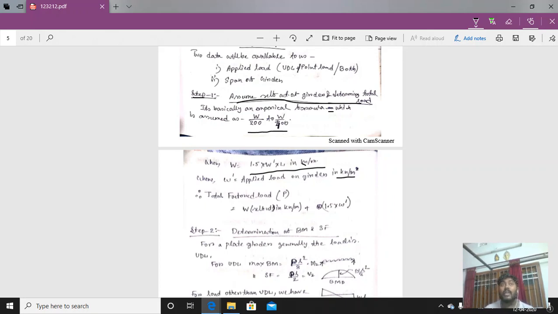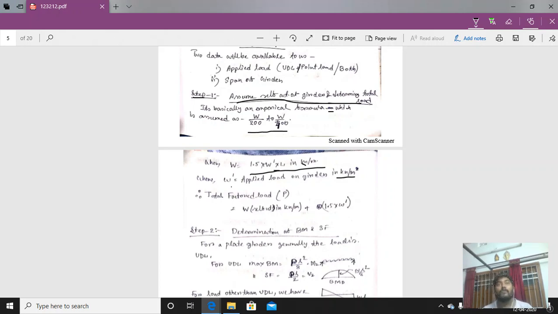If it is not kilonewton per meter, then we have to change it to that. So 1.5 into W dash into L is the formula for calculating capital W, which we then use to determine the self weight.